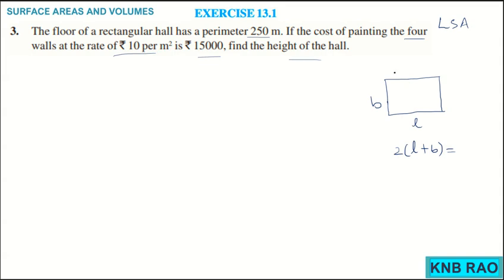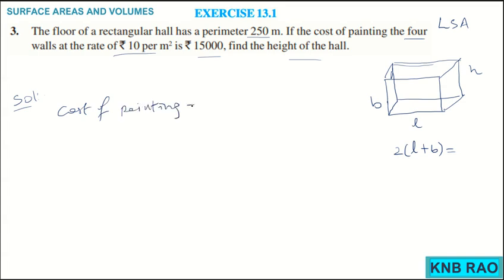Very important, when you are finding the cost of painting, you have to first find the lateral surface area. So, when it comes to the solution, cost of painting is lateral surface area into cost per meter square.